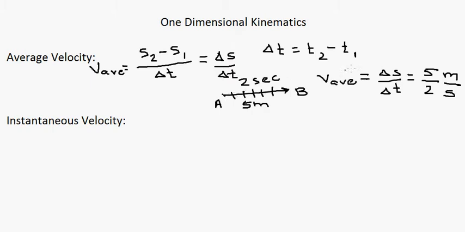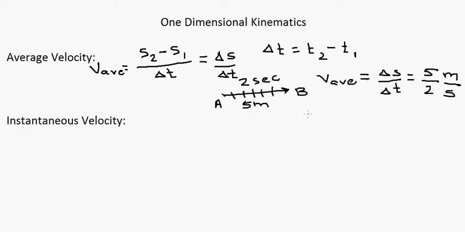All we are doing over here is calculating the displacement and time. But the rate at which I'm traveling, that is the rate at which my displacement is changing over time, may not be the same throughout all points in this journey.